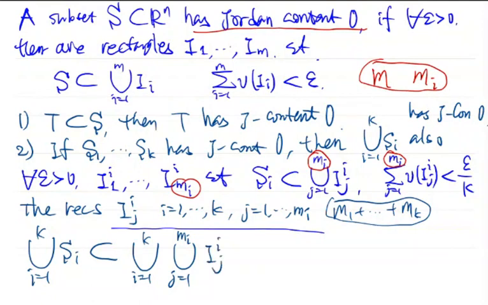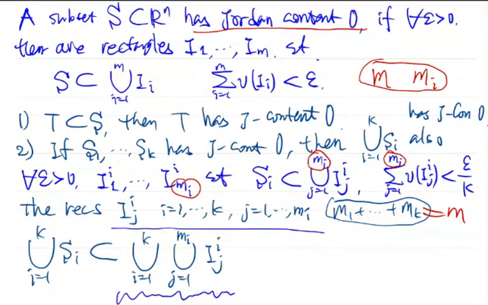The right hand side of this inclusion looks complicated, but it is nothing but the union of all these rectangles. The sum of m_1, m_2, up to m_k is denoted by m. So the right hand side is precisely the union of these m rectangles. They cover the union of S_1, S_2, ..., S_k.